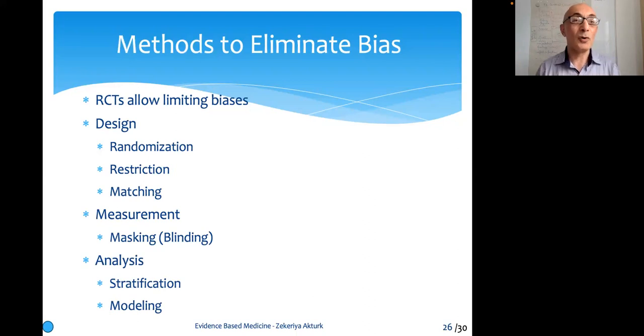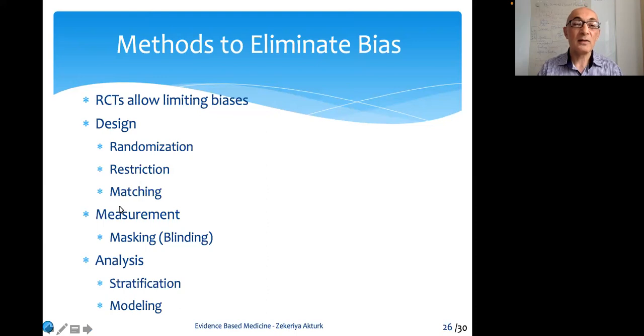If you think that age might be a risk confounder, then you select a certain age group. If you want to see the effect on women, you only include women. So you are free to define your inclusion and exclusion criteria. That allows you to limit biases.